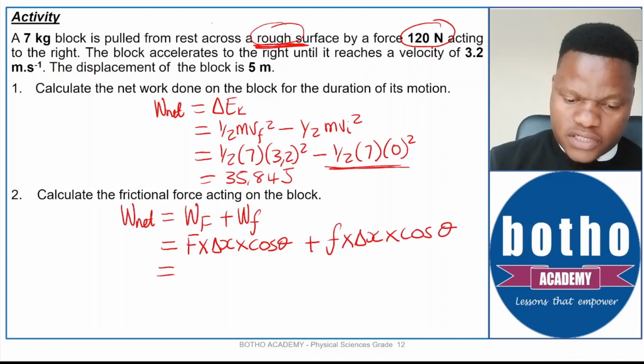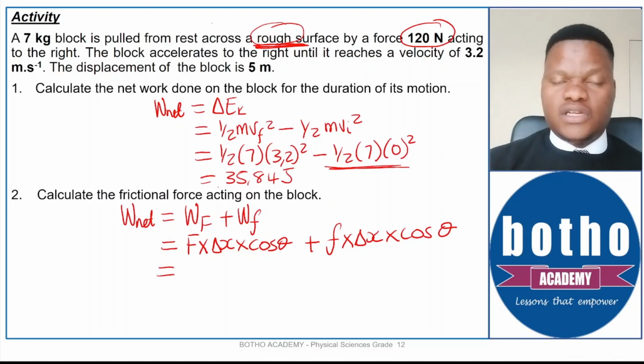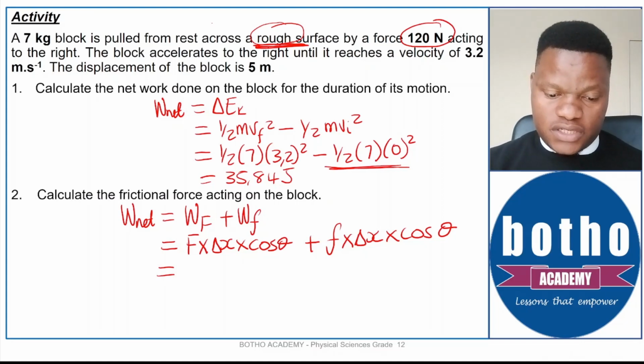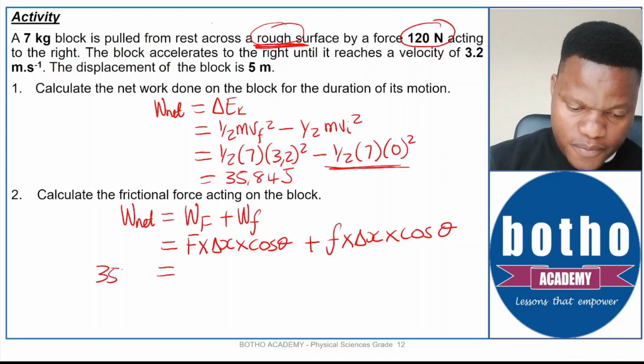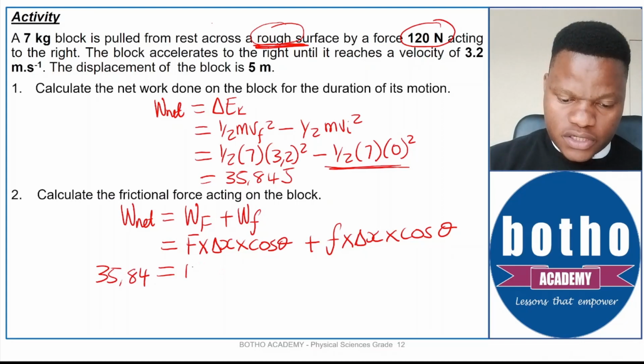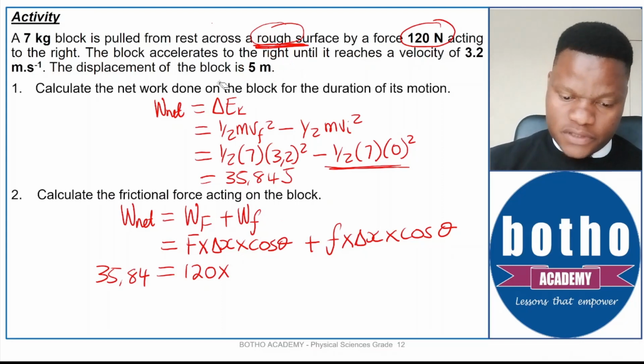In our substitution, the value of the W net was calculated in the previous question as 35,84. This will be equal to 120 times delta x, which is given to us as 5, times 5 times cos.